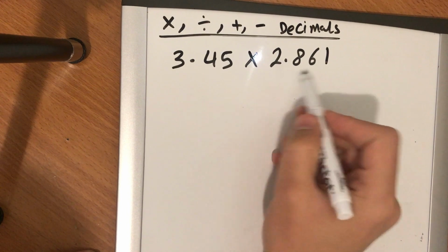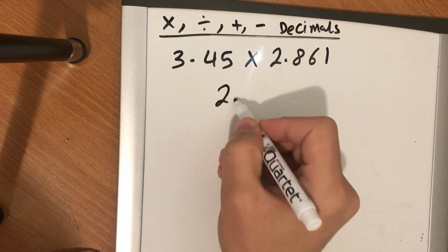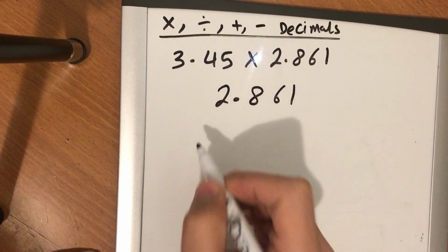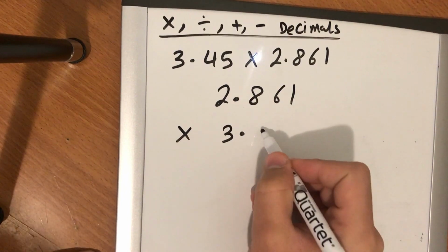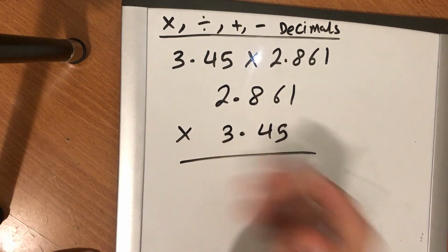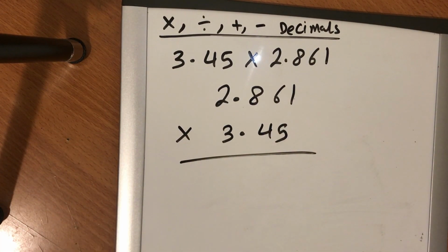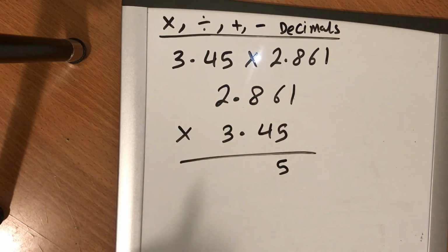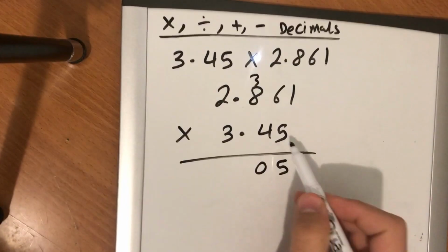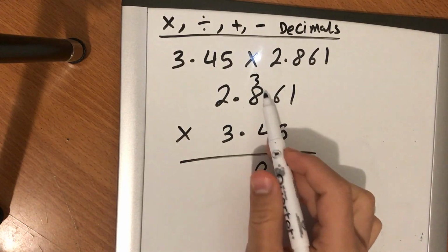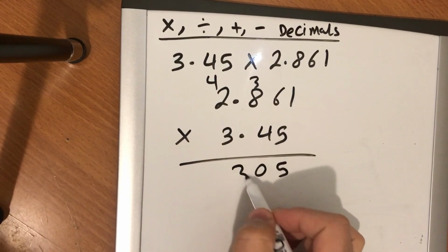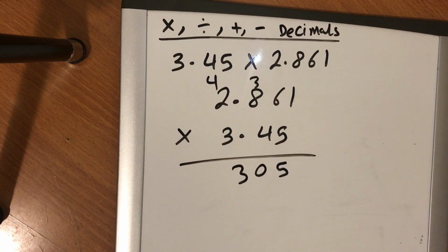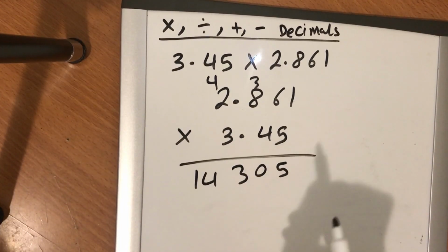I'd like to put the one that has more digits on top, so 2.861 times 3.45. I don't have to line it up, it's multiplication again. So 5 times 1 is a 5. 5 times 6 is 30. 5 times 8 is 40 plus 3, that is a 43. 5 times 2 is 10 plus 4, that's a 14.